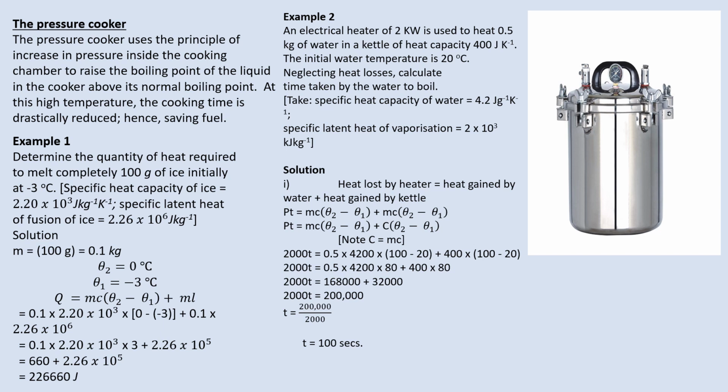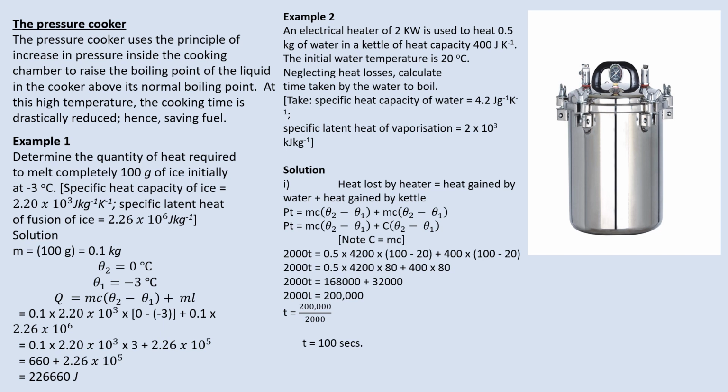The initial temperature is -3 degrees Celsius, while the final temperature, θ2, is 0 degrees Celsius. So using the formula, Q equals mcΔθ plus mL_f, let's substitute our values: 0.1 times 2.20 times 10 to the power 3, times 0 minus -3. Minus times minus gives us plus, then plus 0.1 times 2.26 times 10 to the power 6.